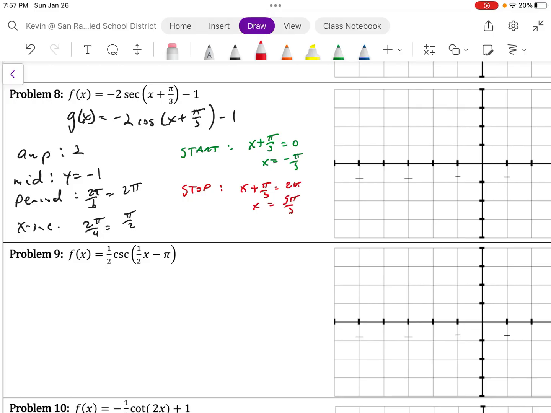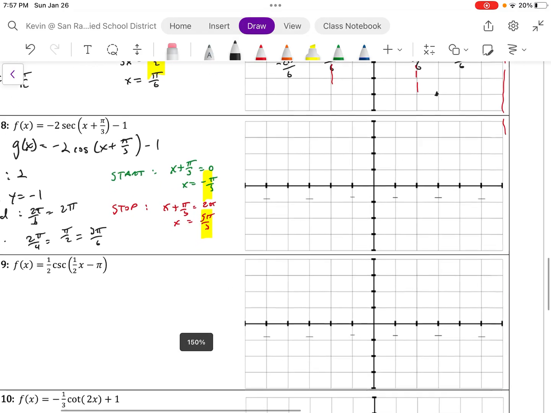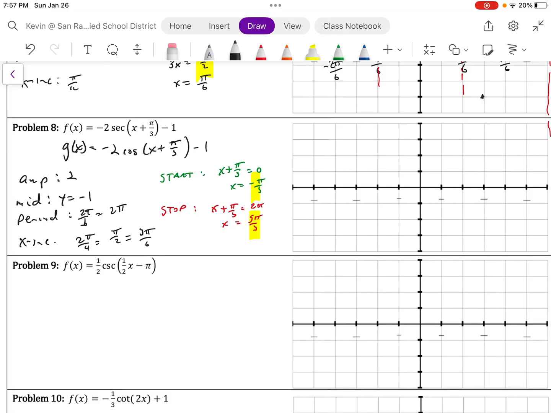So x equals, let's see, 6 pi over 3 minus pi over 3, 5 pi over 3. And since these are pi over 3, we can't make our x increments pi over 3, but we can make our x increments 3 pi over 6, because that'd be the same as pi over 2. And that will just help us a bit.